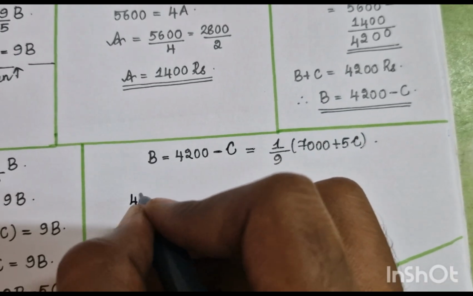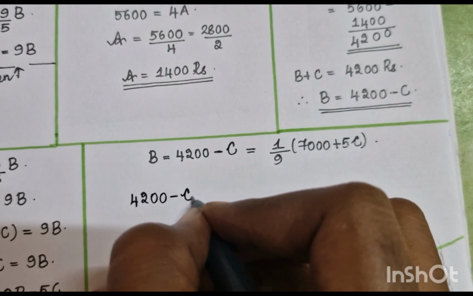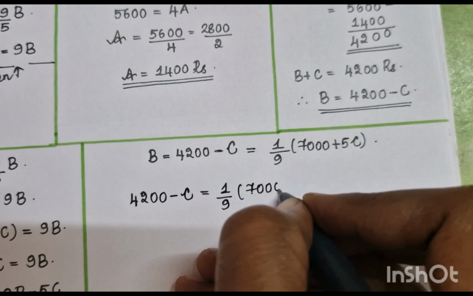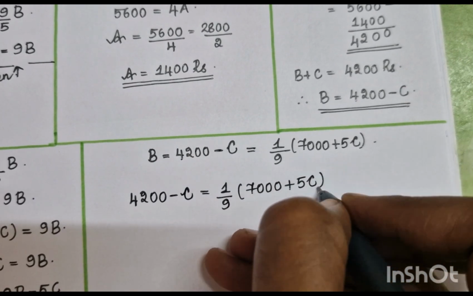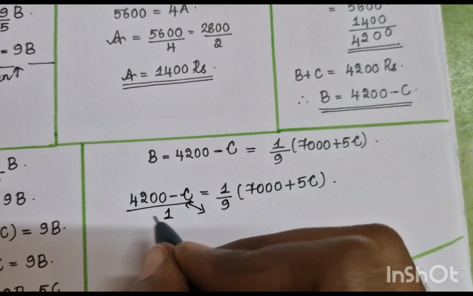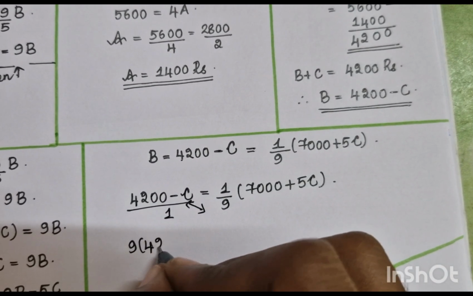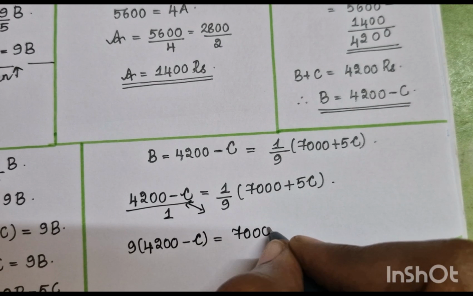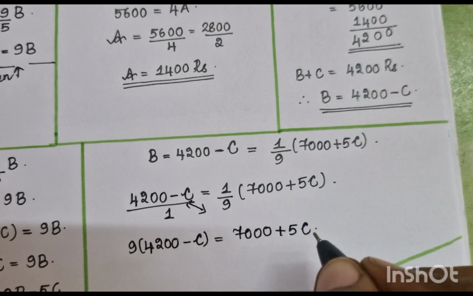So, 4,200 minus C is equal to 1 by 9 into (7,000 plus 5C). So, cross multiply. 9 into (4,200 minus C) is equal to 7,000 plus 5C.